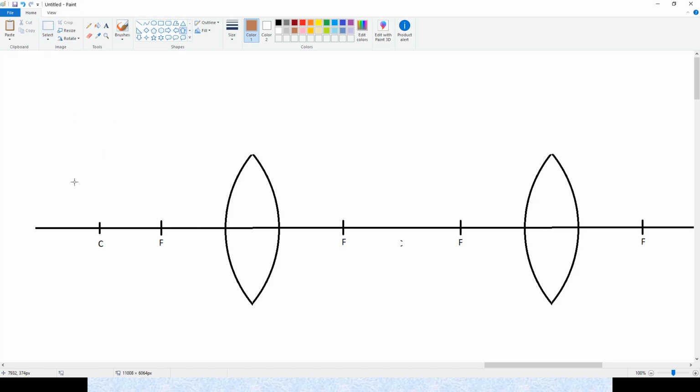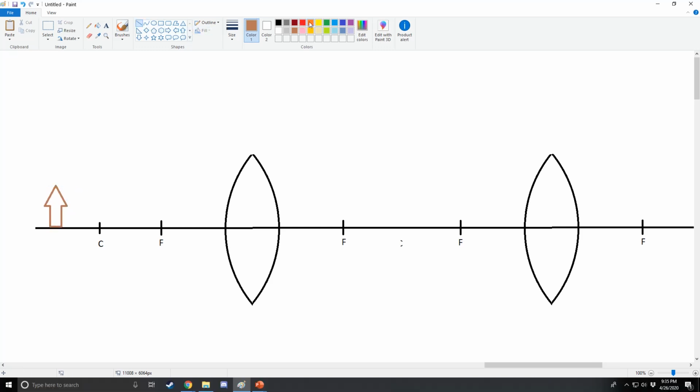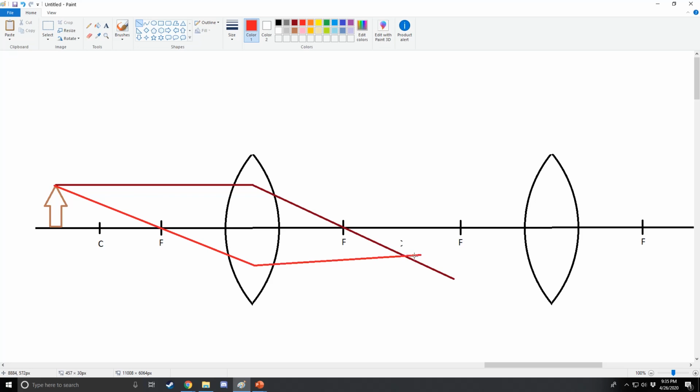So we put an object here. Do the same thing. Draw. Now, again, this might not be super accurate since I'm just working in Paint, so forgive me if I end up getting an image that isn't formed the way it should.